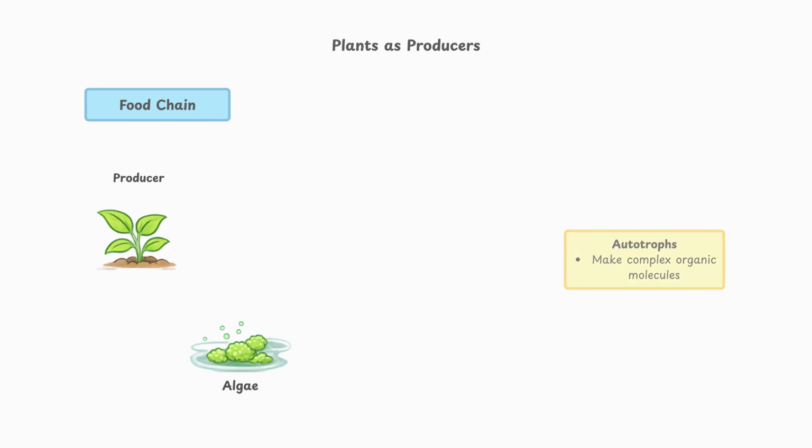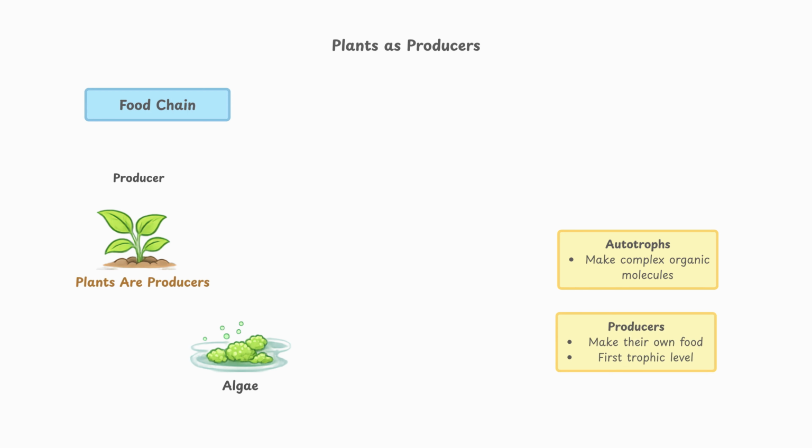Have you ever wondered where all the food in a food chain ultimately comes from? In most ecosystems, it all starts with plants. Plants are known as autotrophs because they can make their own food. Using carbon dioxide from the air and water from the soil, they produce glucose, which provides the energy and materials needed for growth. Because they create their own food, plants are also called producers.